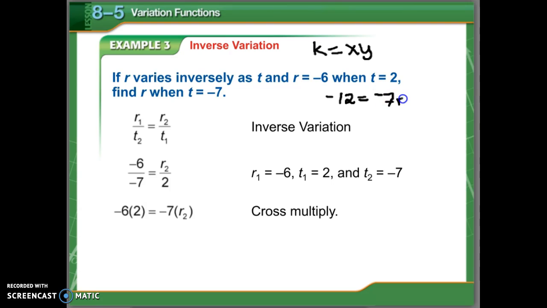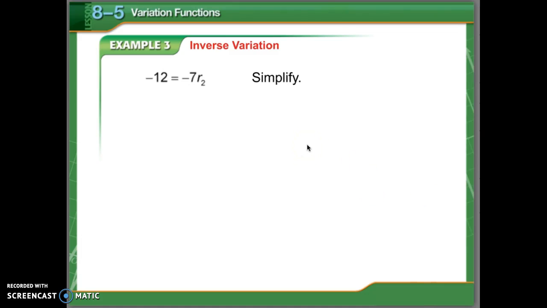And then if you want to solve for r, obviously you divide both sides by -7. And this fraction just simplifies to 12/7. And we'll hopefully see that same answer on this next screen. There we go, 12/7 for r.